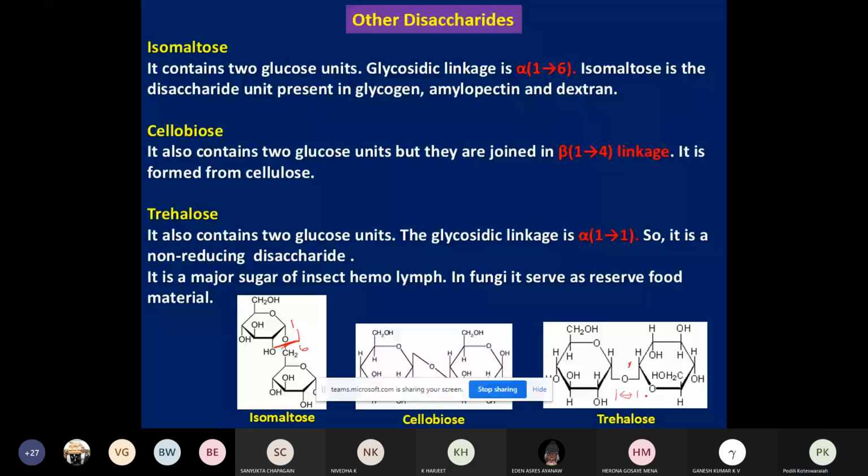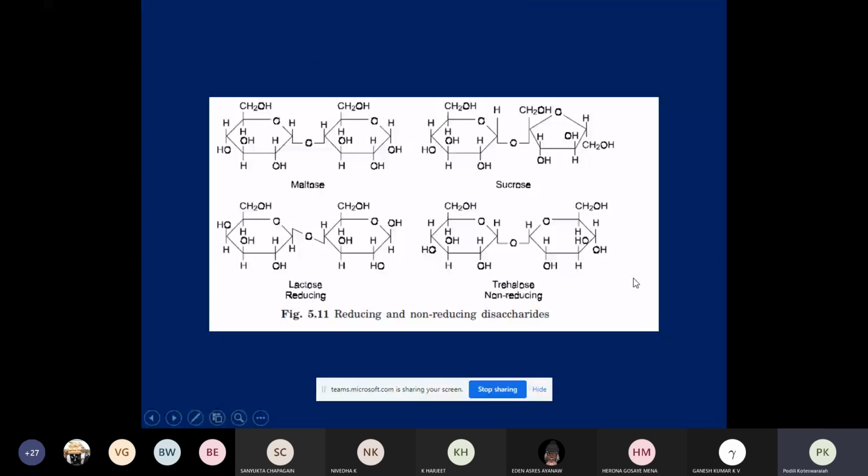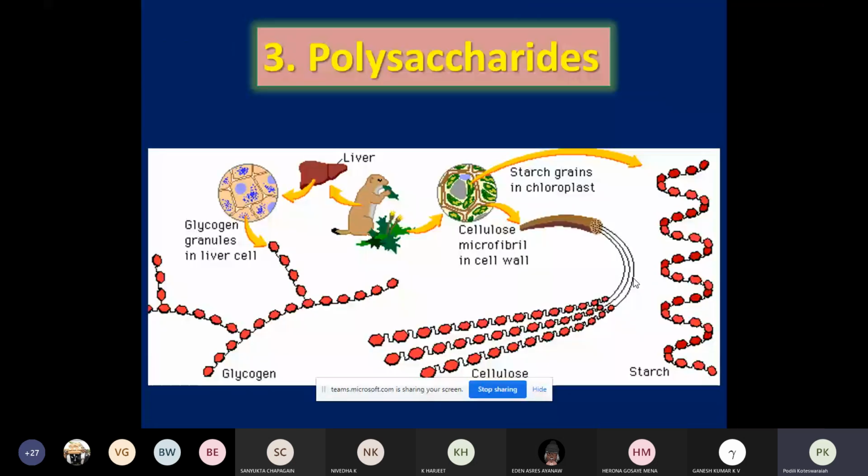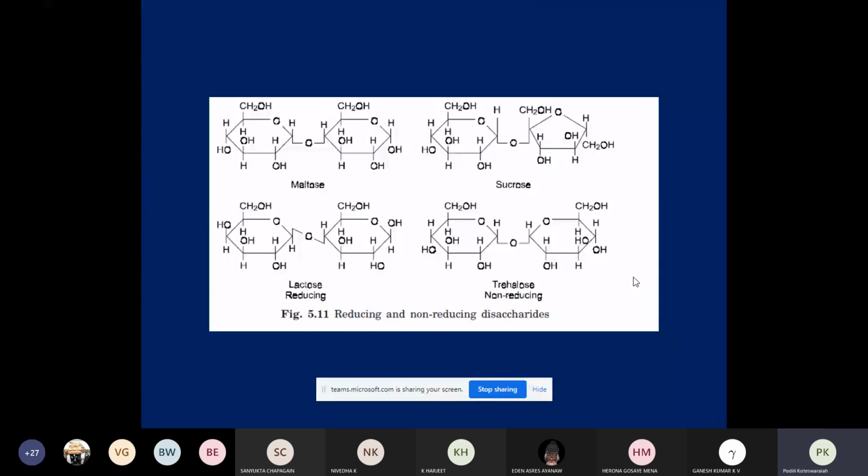In the sense, the anomeric carbon of the first sugar and the anomeric carbon of the second sugar are both involved in the glycosidic bond formation. So since both anomeric carbons are involved, trehalose is also not a reducing sugar. Trehalose is a major sugar present in insect hemolymph, and it is also a reserve food material in certain fungi. These are the various disaccharides.